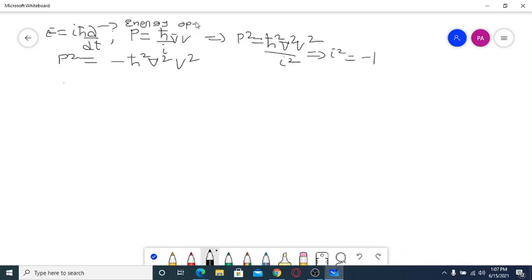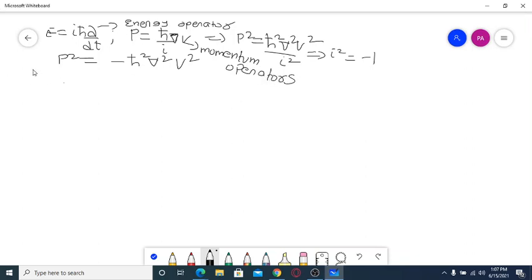This is the energy operator, and this is del, the complete del. You have to remember this momentum operator, because in quantum mechanics we will use these operators.